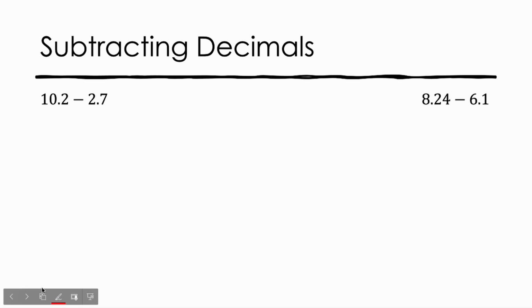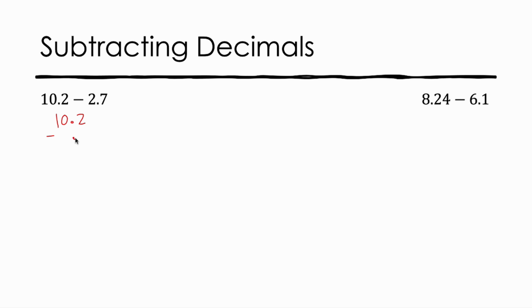10.2 minus 2.7. Let's put these in the same layout as we did in the other slide. Oh, but now we have a problem. Where do we put it? Well, we want our places to align, so in order to do that, we need our decimal points to align.